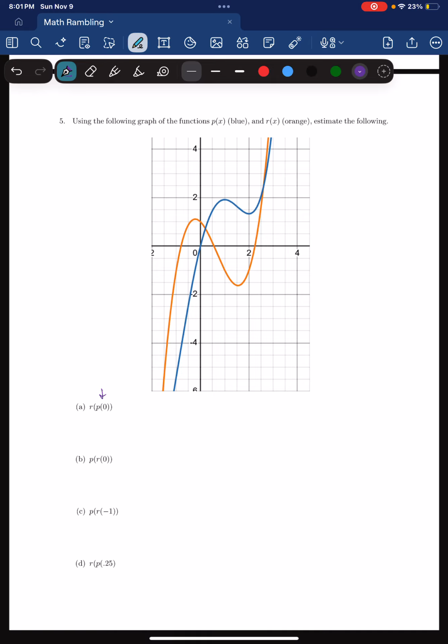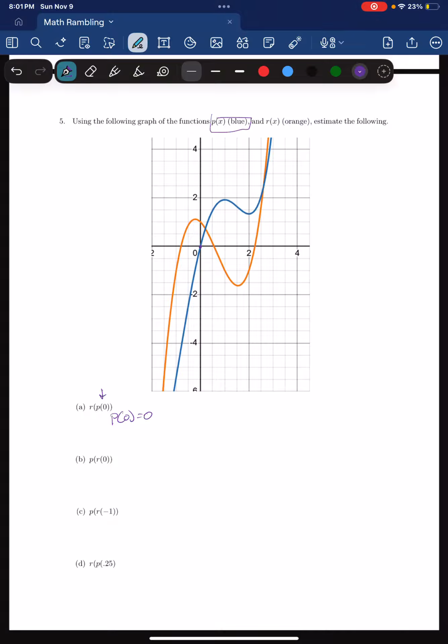We look at the y value at x equals 0 on our graph, on our line. Okay, so P of x is blue. So the blue line, we're looking at the blue line here. And now we need to find what its y value is when x is 0. Okay, well, here's where x is 0. What's our y value? 0. Okay, that was pretty easy. So P of 0 equals 0.